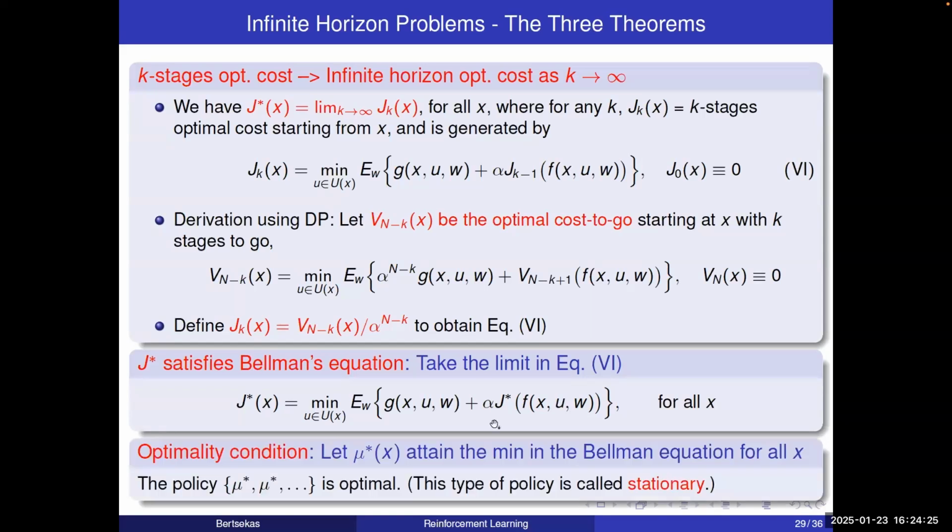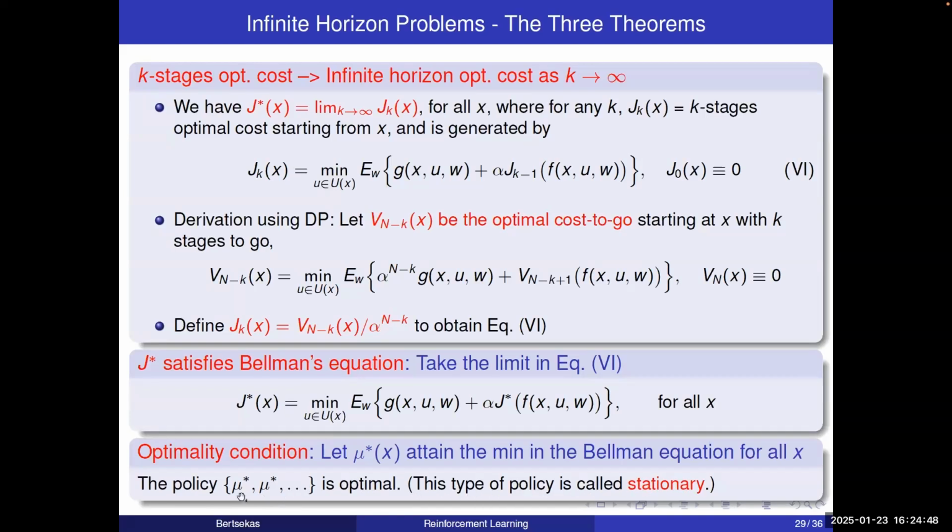The optimality condition states that if a function attains the minimum in Bellman's equation for all x, then the policy which takes mu star in all stages is optimal. And this type of policy is called stationary.